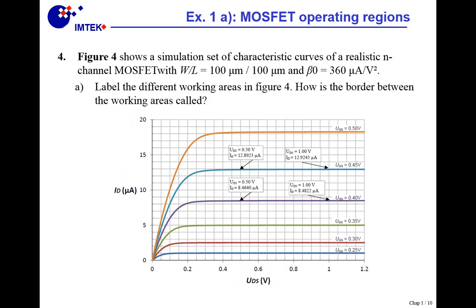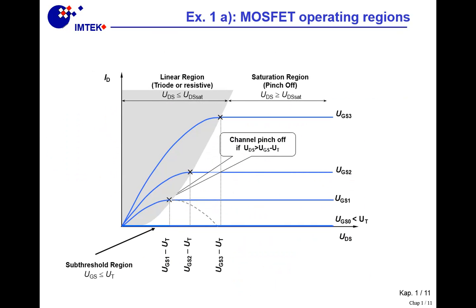To make it a little bit nicer, I put this plot over here. This one also shows a sub-threshold region, which is this one here, which would mean that your UGS is lower than UT, so you would have zero current. All right, this is okay. It's obvious. So if in an exam something similar comes, you don't really have to write it.